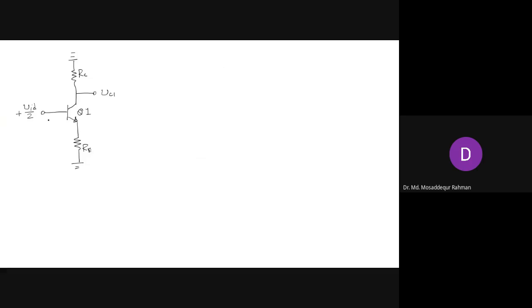So that will be our differential half circuit of the differential amplifier with resistance in the emitter.